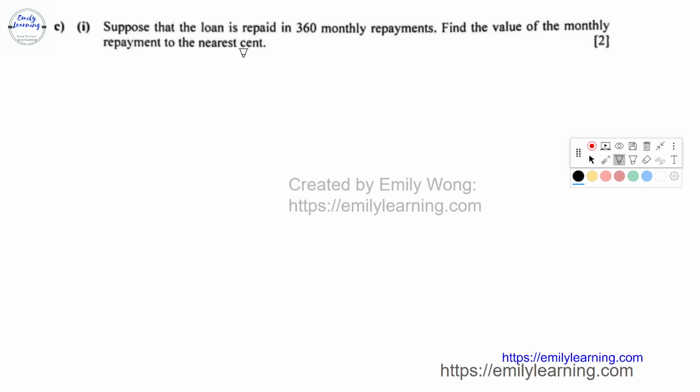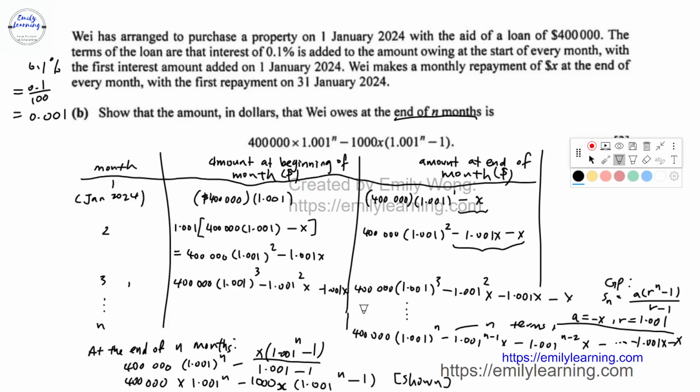So by the end of 360 months, the amount owed at the end should be equal to 0, right? So I will equate this to 0, and I know that because it is paid in 360 months, this n is equal to 360.